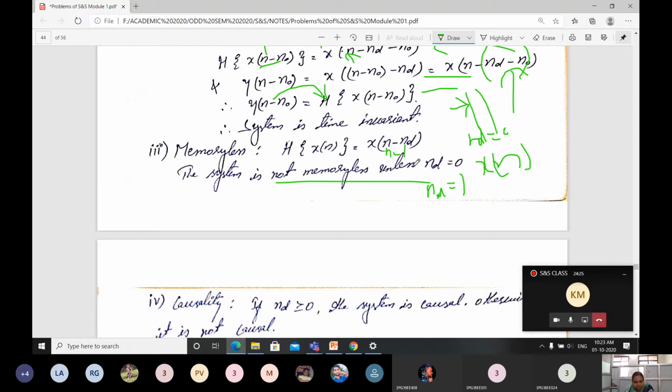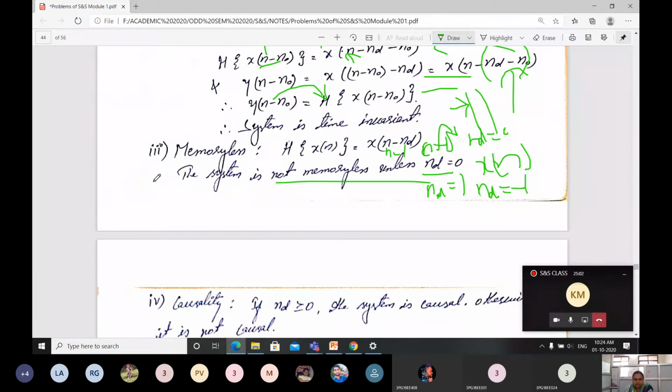If it has memory, when I substitute nd as minus 1, n minus of minus 1, I will get n plus 1, right? N plus 1 is a future value. For the past value it has memory, for the future also it has memory, but at the point nd equals 0 it is a memoryless system. So at nd equals 0 it is memoryless; for other values of nd it has memory.